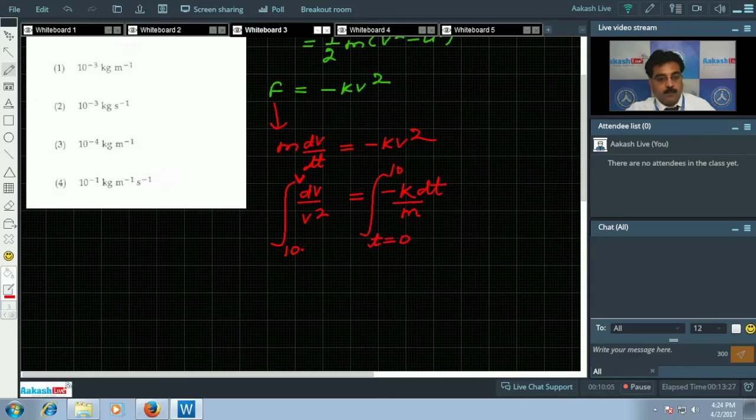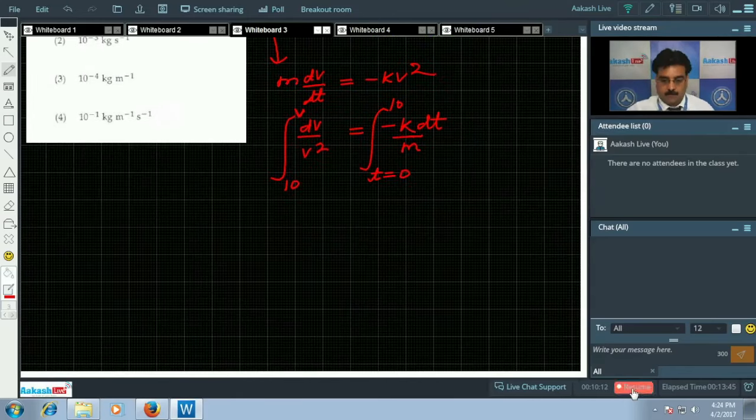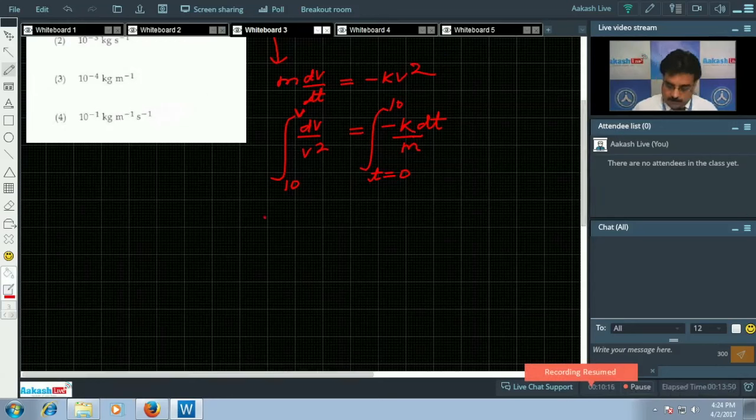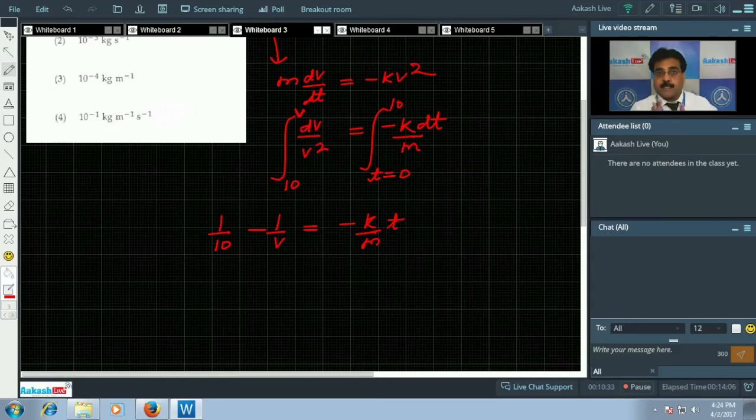So if I go for the integration, what will we get? So now you will get 1 by 10 minus 1 upon v, that is equal to minus k by m into t. My second requirement is v.